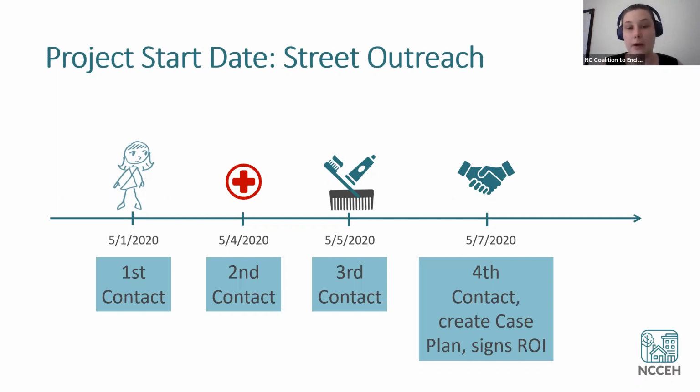So this is really about when this client is fully enrolled. And this is the point at which you're going to need to have that ROI signed, and you're going to need all of the intake questions completed. So data quality is actually not taken into account before the date of engagement.